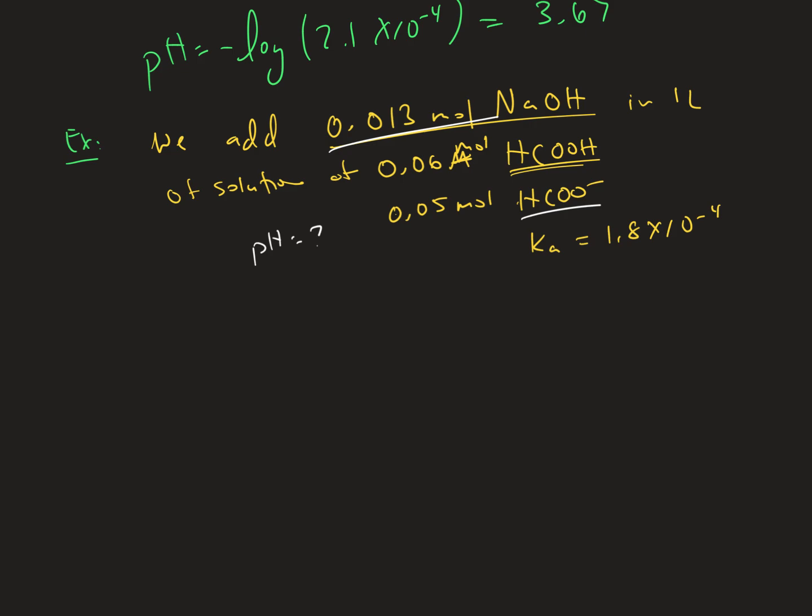So when we add a strong acid or a strong base to a buffer solution, then we use the same formula. H plus is equal to Ka times HA all over A minus. Okay, we use this same formula. Now let me show you how we implement this.